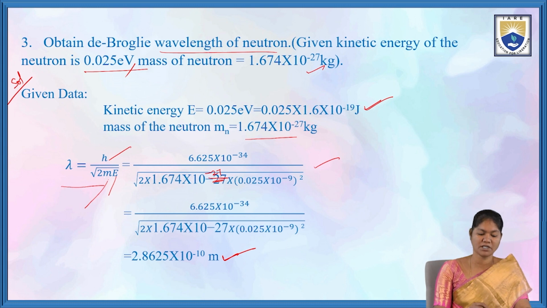So substituting the h value, h is equal to 6.625 into 10 power minus 34, and m is equal to 9.1 into 10 power minus 31 kilogram.